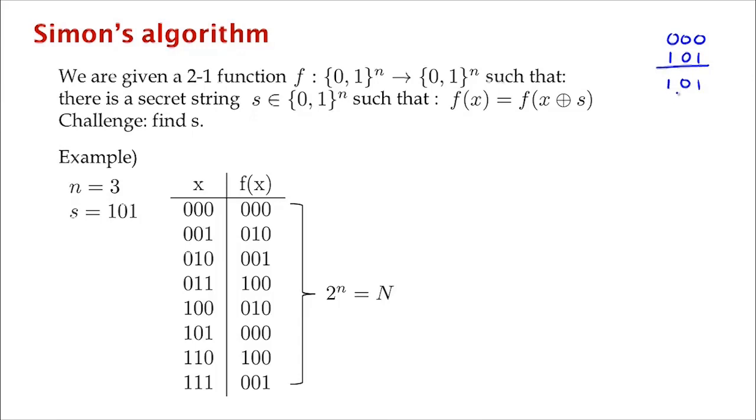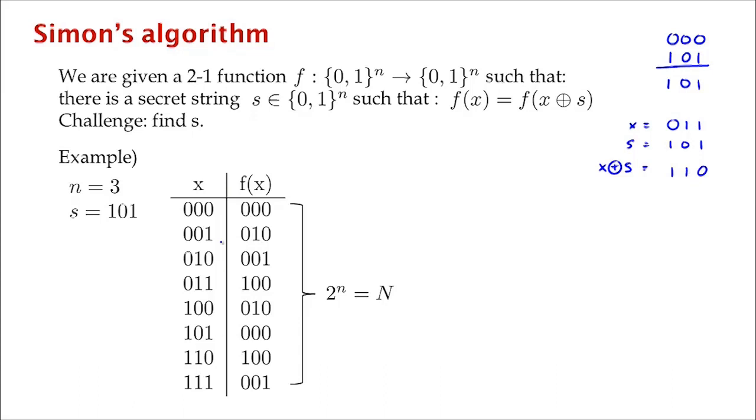Or, let's do a more non-trivial example. Suppose x is 011. s is 101, and x bitwise sum with s is just 110. So you just throw out all the carries when you do the summation.